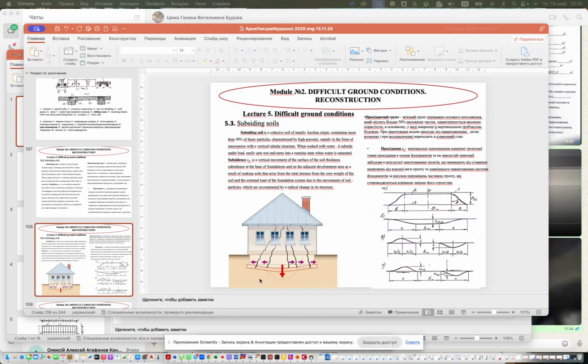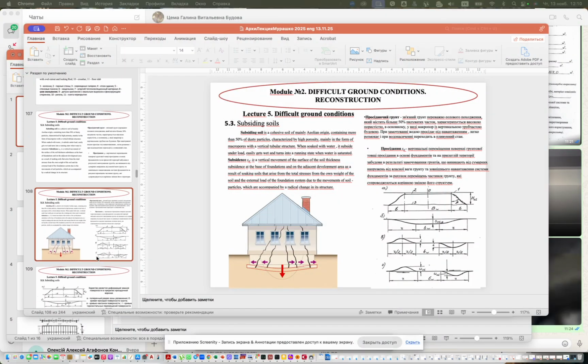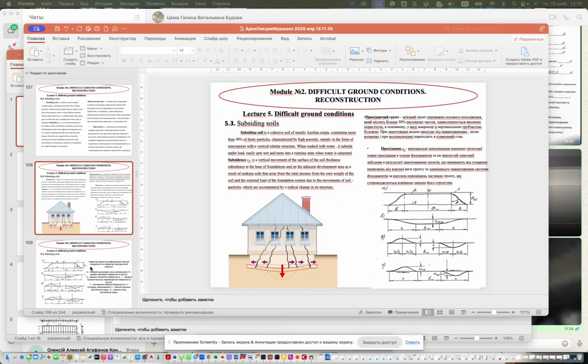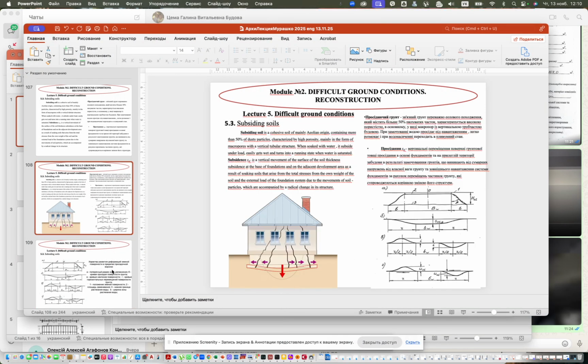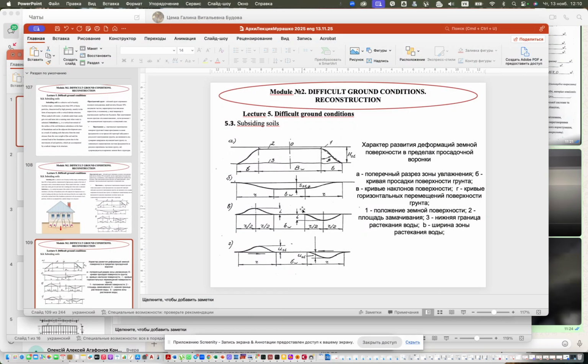So even without additional pressure, it can settle down. And we also have various effects of subsiding soils on the surface. It's vertical deformation, it's inclines, etc.